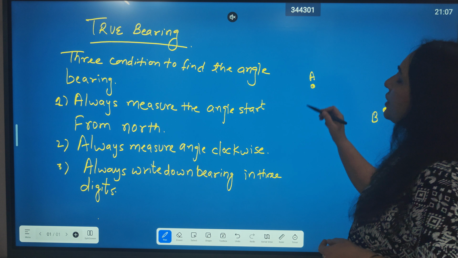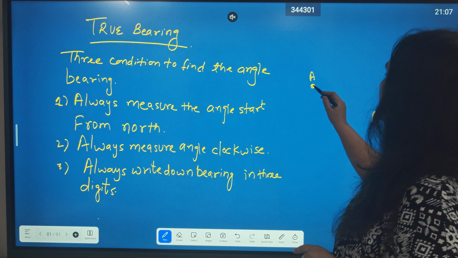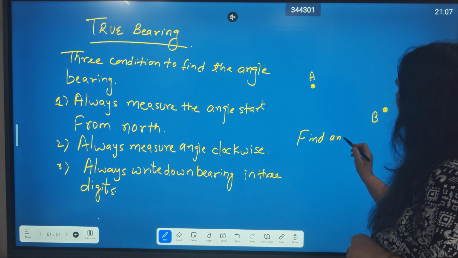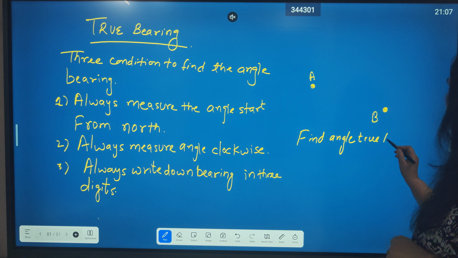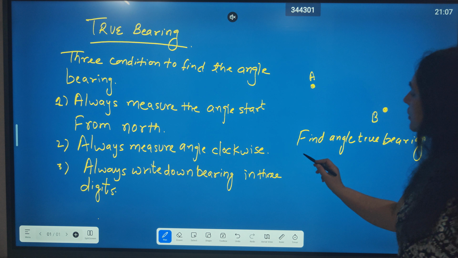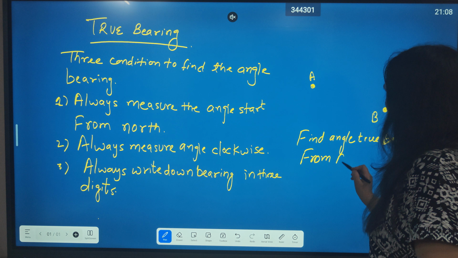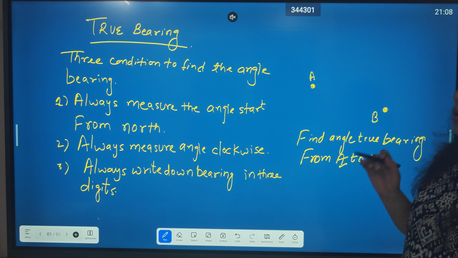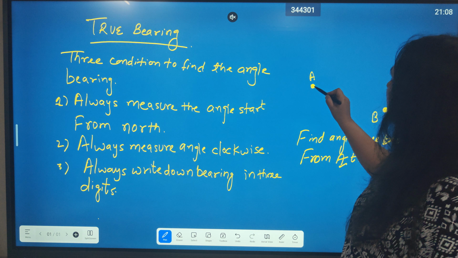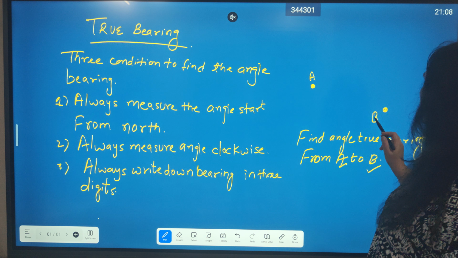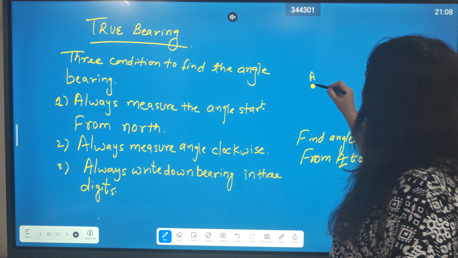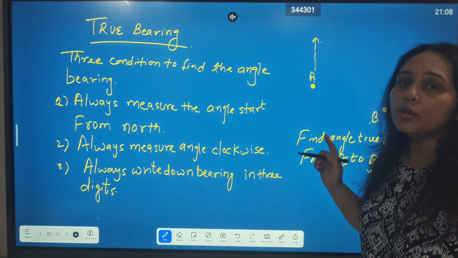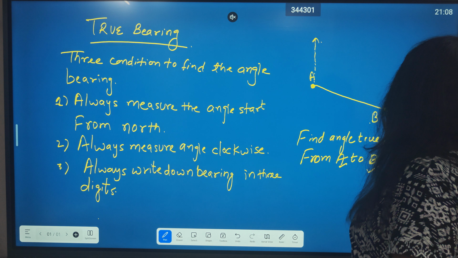If we want to find out the true bearing from A to B, so if it is written find angle or true bearing from A to B, where it's written from, it means you need to find out the bearing from point A to B. For that, always draw the north direction at the point from where you are going to find out the bearing.